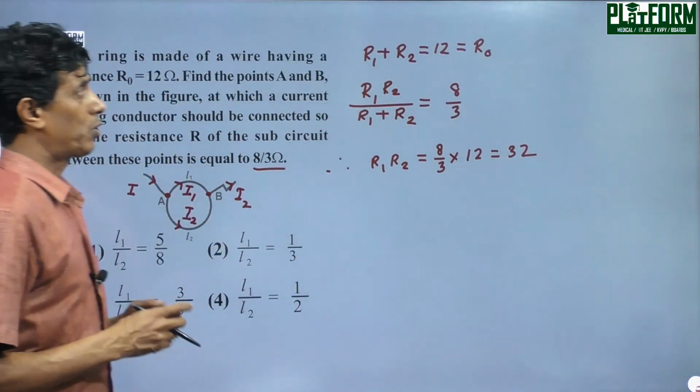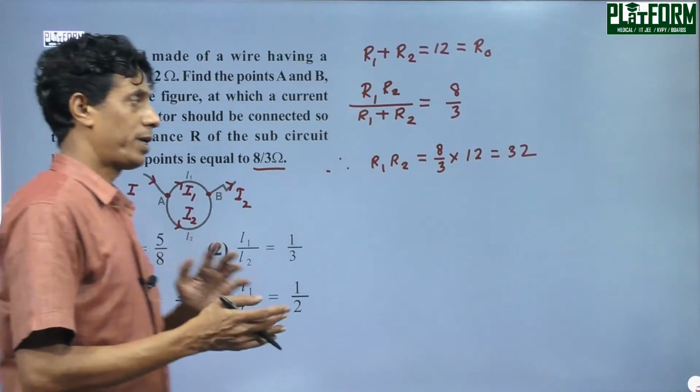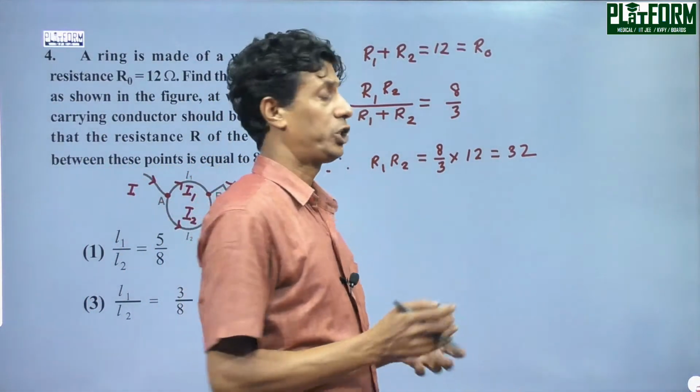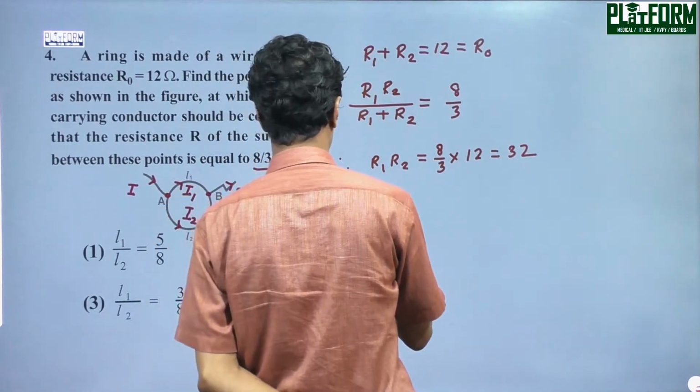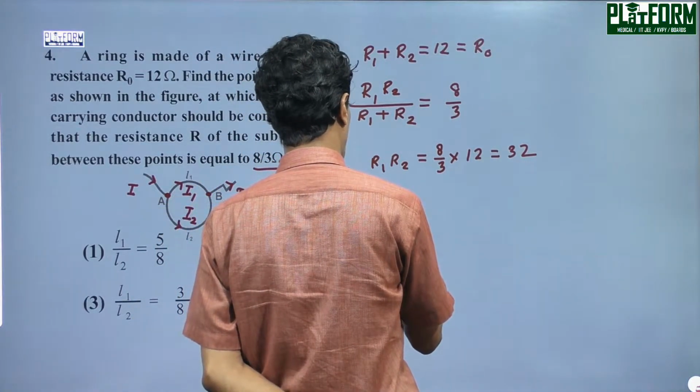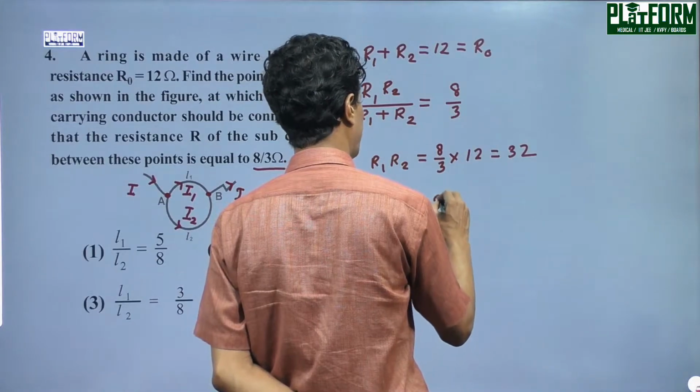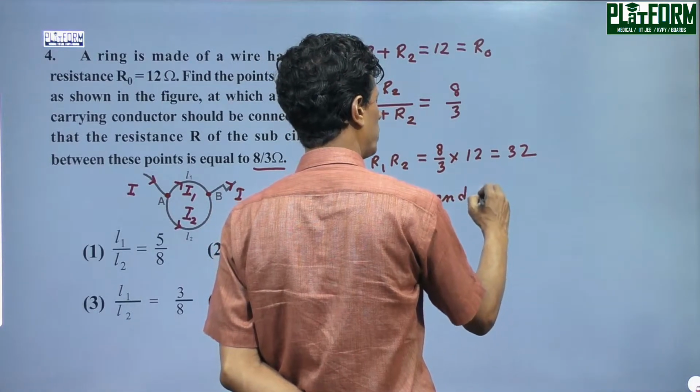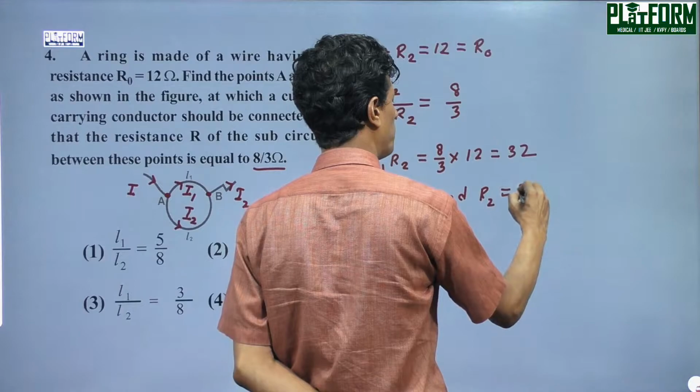Solving the two equations, R1 plus R2 is equal to 12 and R1 into R2 is equal to 32, we can get R1 is equal to 4 ohm and R2 is equal to 8 ohm.